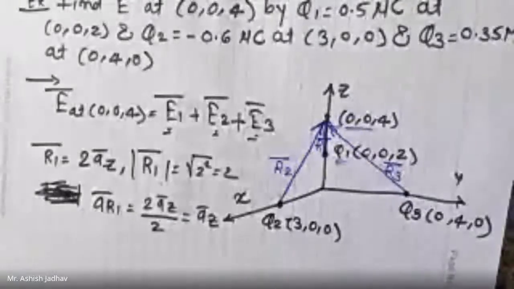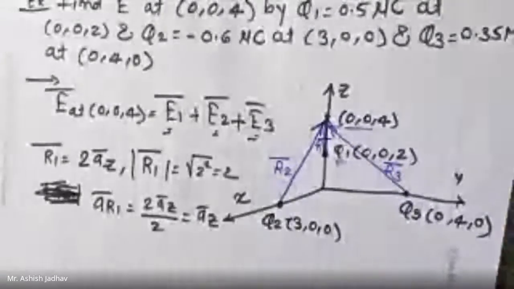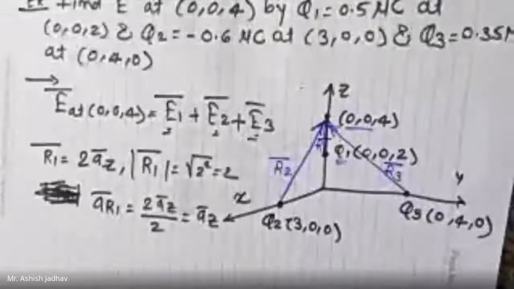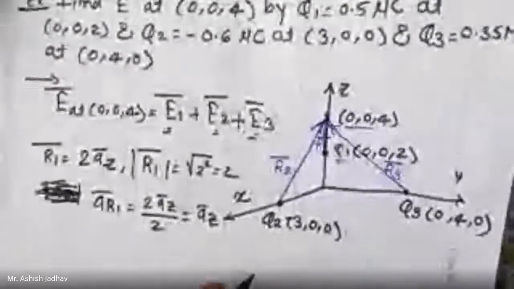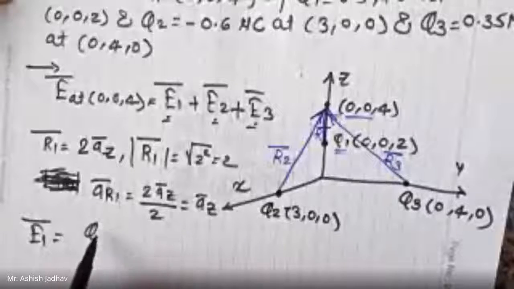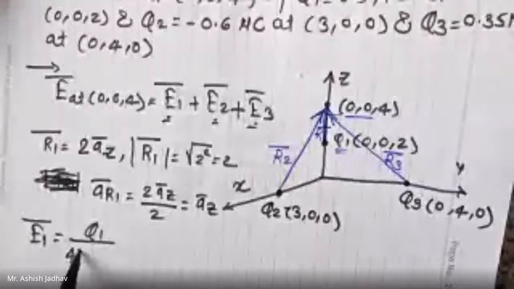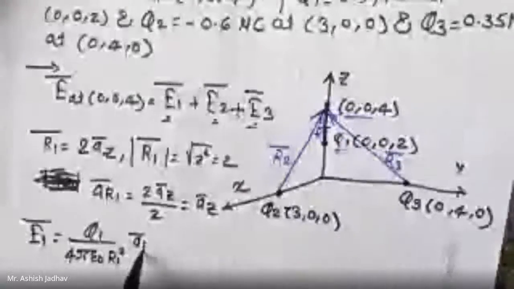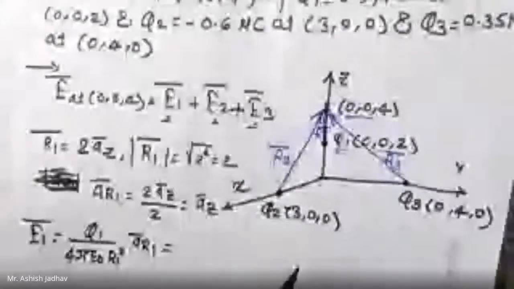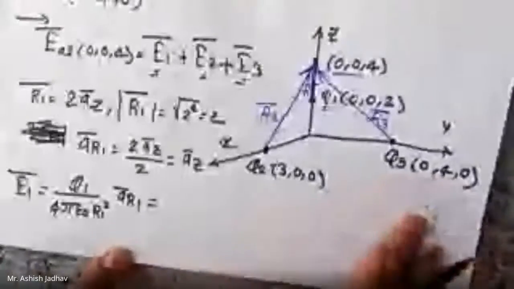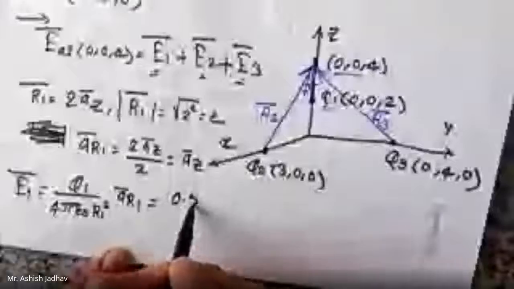Now similarly you can go for calculating, we will calculate E1 first. So how you can calculate E1 bar? E1 bar is equal to Q1 upon 4 pi epsilon naught R1 square a bar R1, right? Now you can put the value. So value of Q1 is 0.5, right?